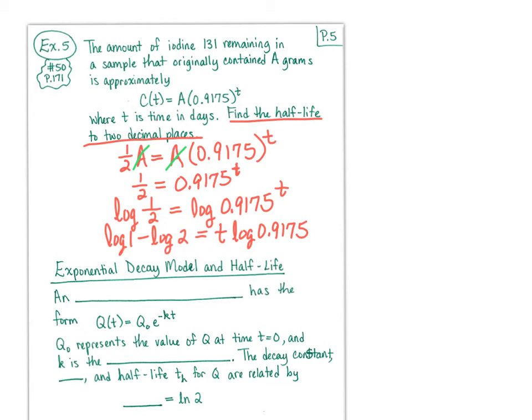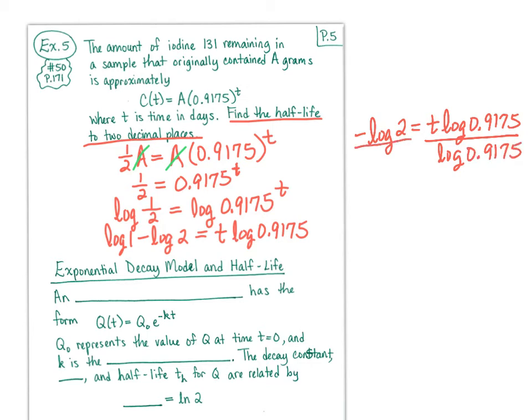You will get that this is negative log of 2, and that's going to be equal to T times log of 0.9175. Now, we divide both sides by log of 0.9175, right?